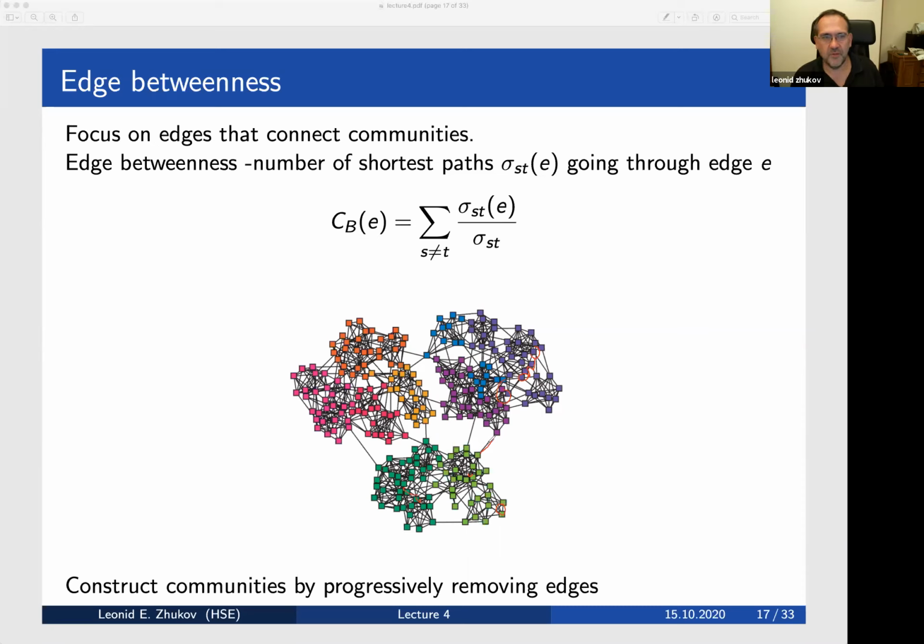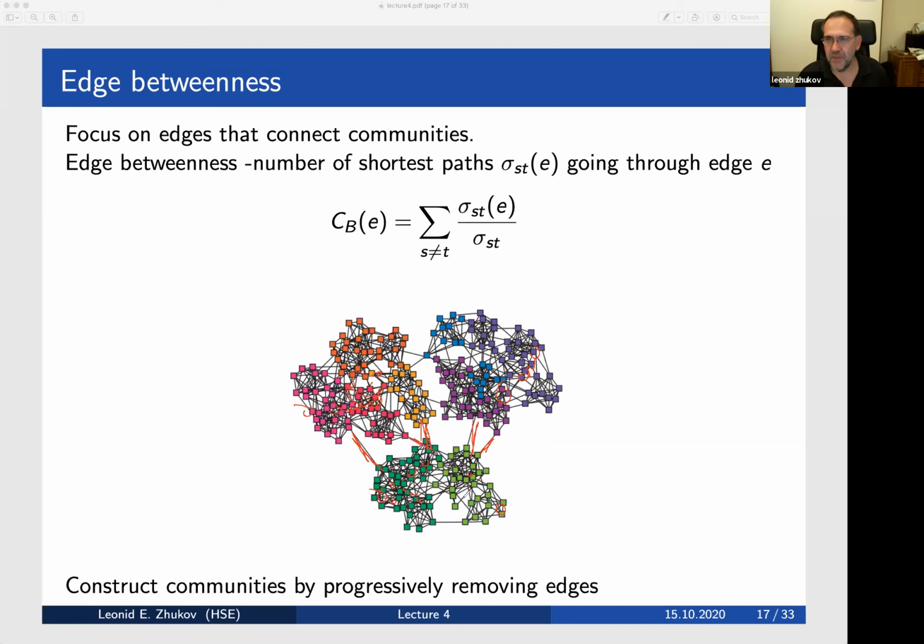You either cross this bridge or you cross this bridge, right? This edge. If you want to get from any node there to any node here, your ways are you can either go here, here, or here, right? Only three ways. There are really a lot of ways to get from this node to this node inside the graph. But whenever you try to get from this side to this side, you take either this way, or this way, or this way at some moment, right?